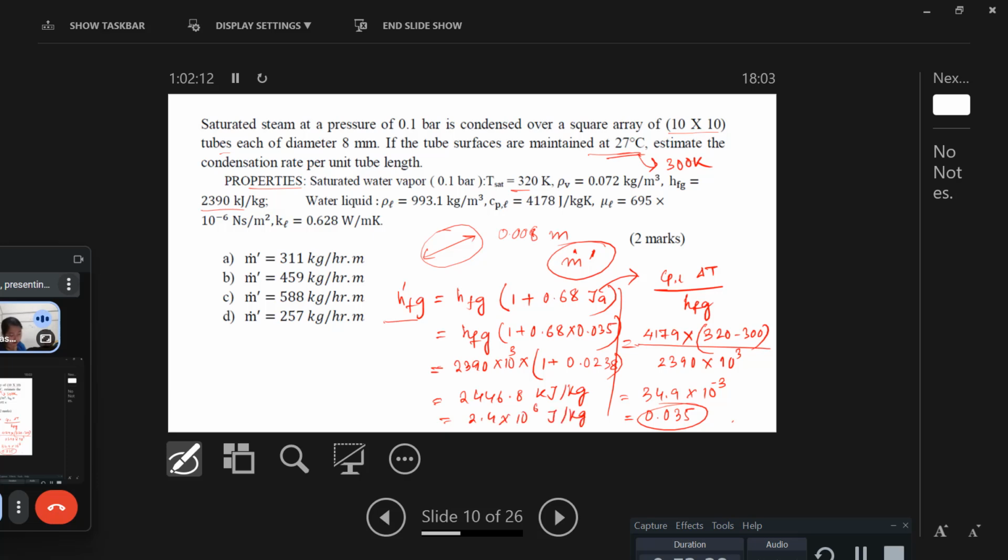This is almost a constant number. Okay, 2.4 into 10 to the power 6 joule per kg.